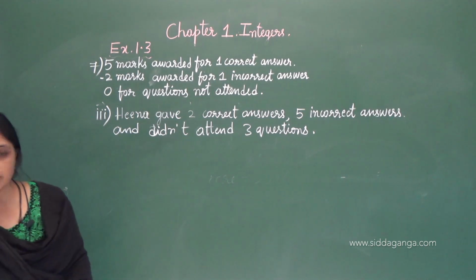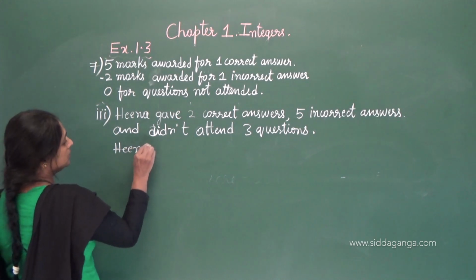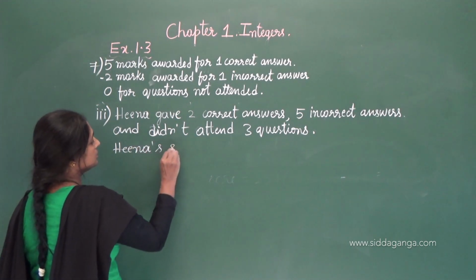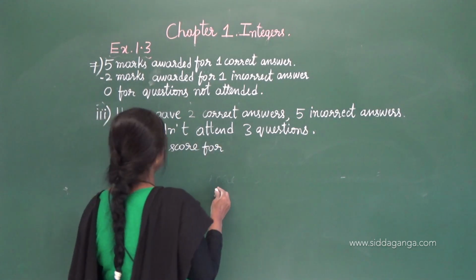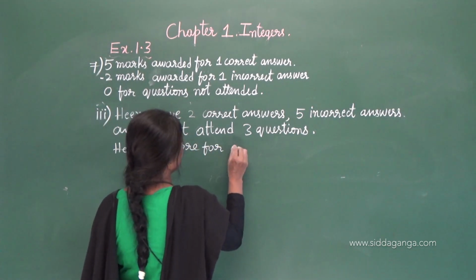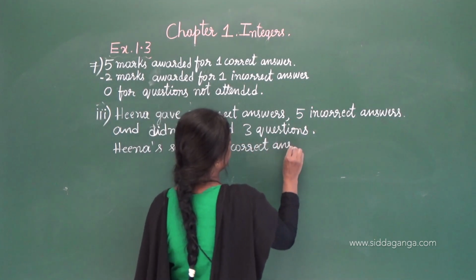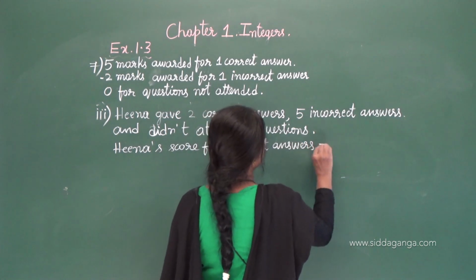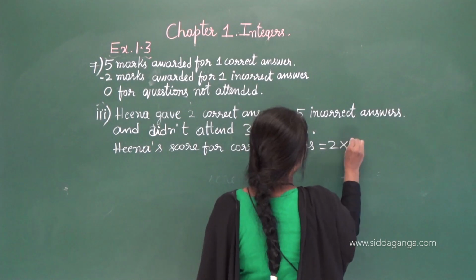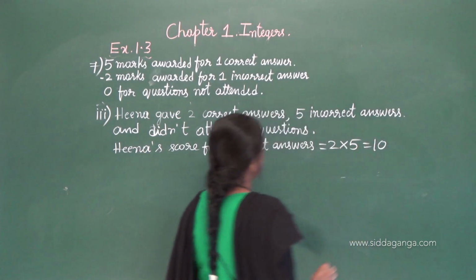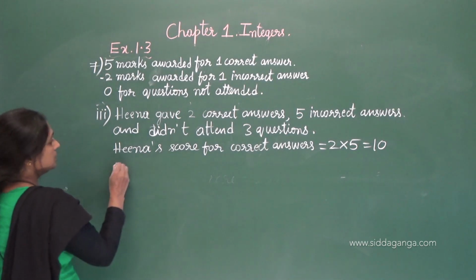Then the score is Hina's score, or marks scored for correct answers, is equal to 2 into 5, that is equal to 10. She got 10 marks for correct answers.